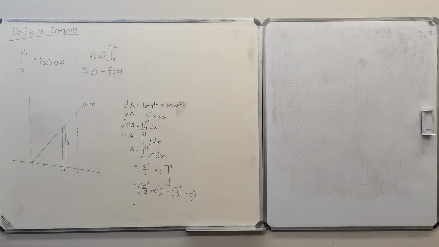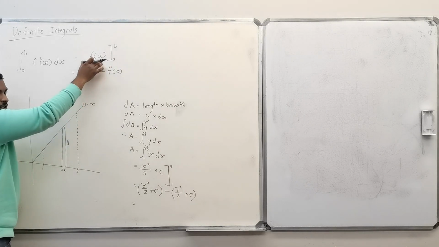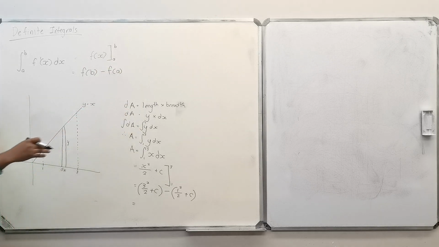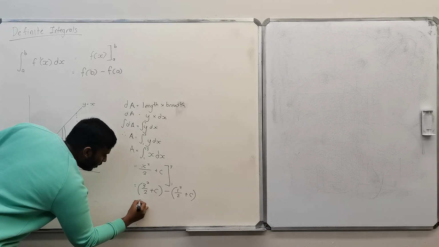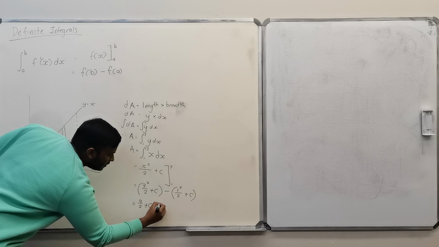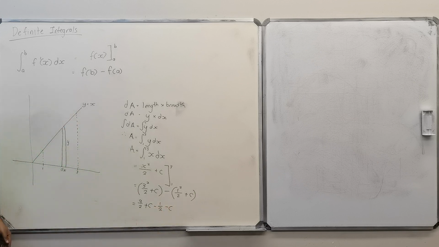That's the upper limit because you substitute. Remember how I wrote over here, F of b, the value of b into that function, minus the value of a into that function. So you end up with 9 over 2 plus c minus half minus c.